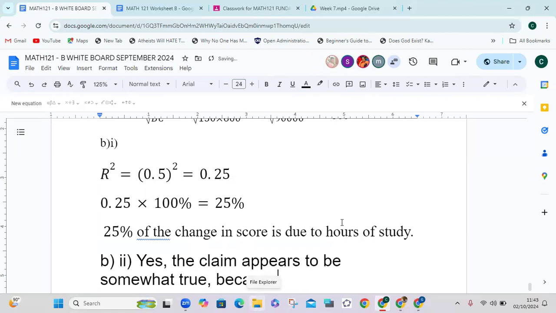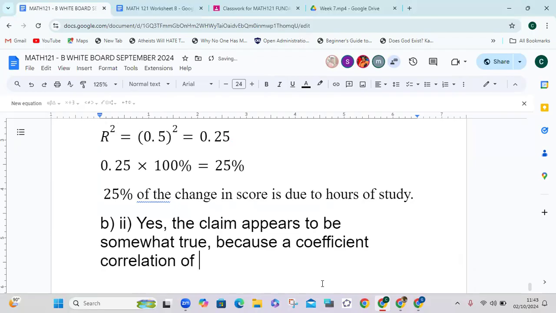Because, and the reason for that is because a coefficient correlation of 0.5 was calculated.